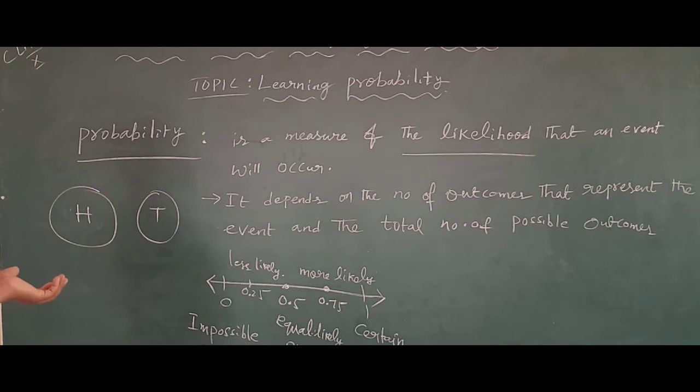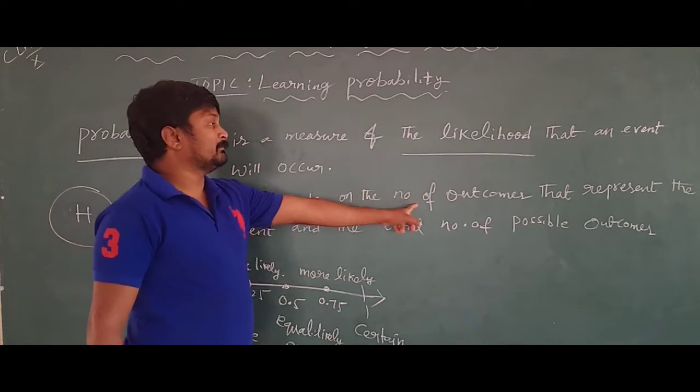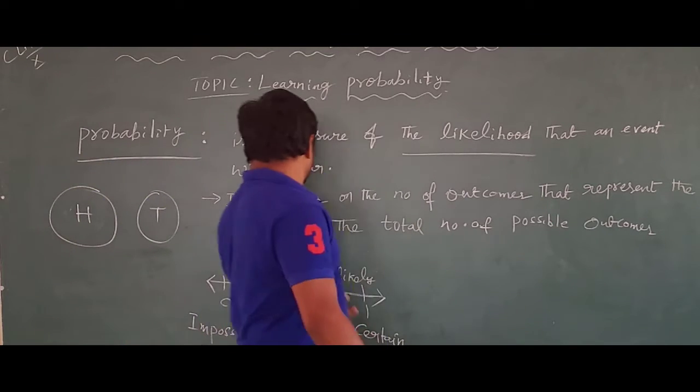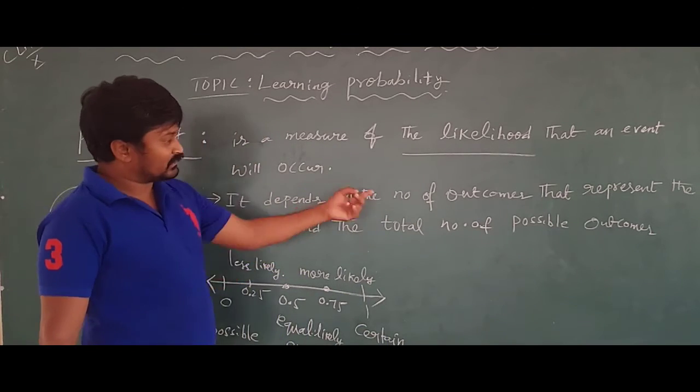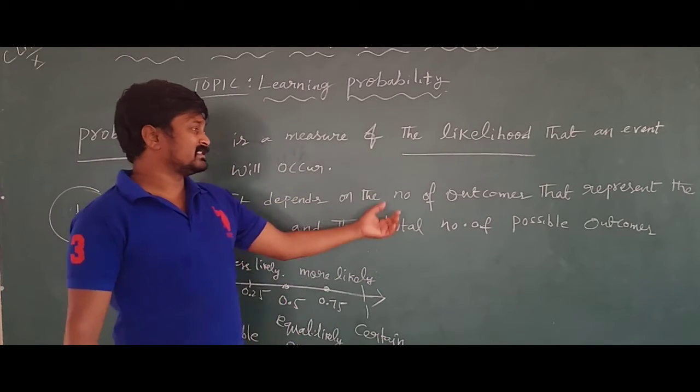In the beginning they were used for gambling and such things, but nowadays we use probability in statistics, in mathematics, and not only in mathematics but in physics and all places. It depends on the number of outcomes that represent the event and the total number of possible outcomes.